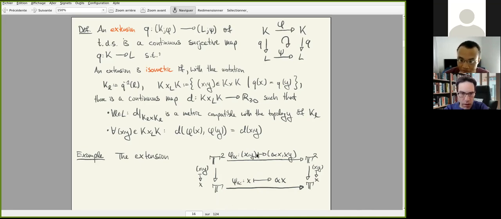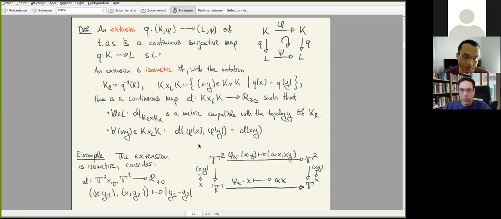And at the top, we have the map which maps (x, y) to (alpha x, xy). If we then project to the first component, we see that the diagram commutes and we get a quotient map and hence an extension of dynamical systems. And this extension is isometric because you can just take as the fiber-wise distance function the distance in the second component. And then you can easily verify that this is indeed invariant.